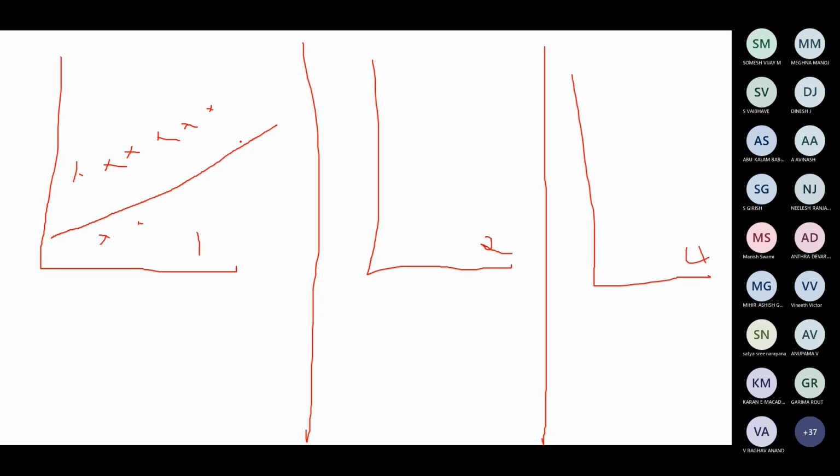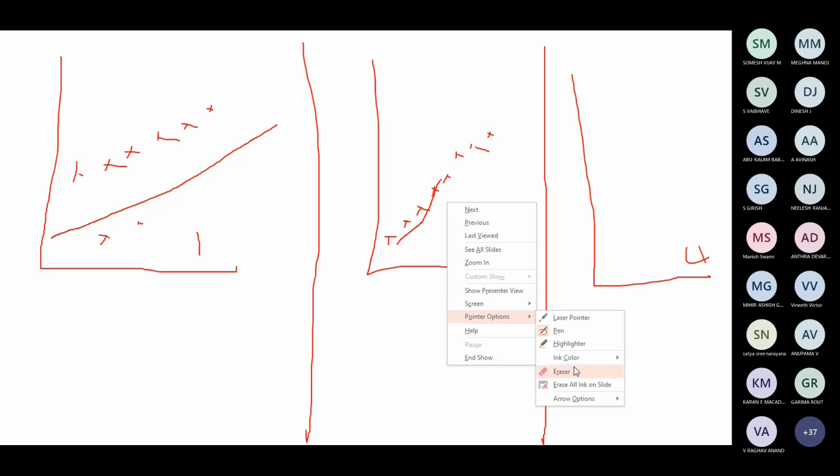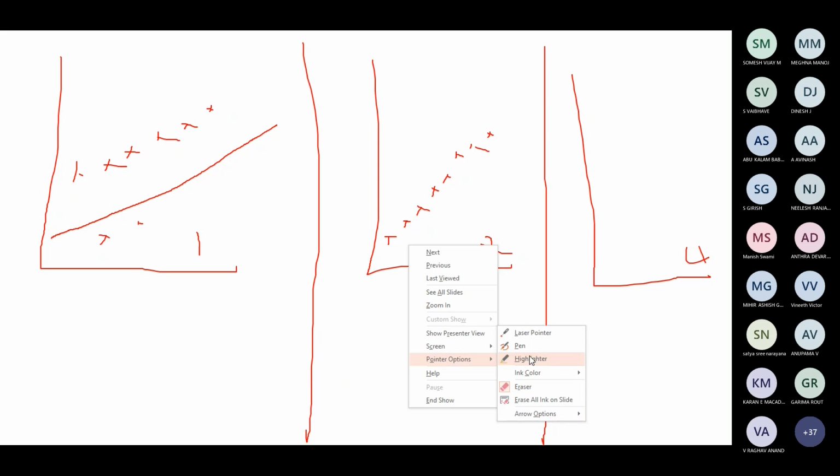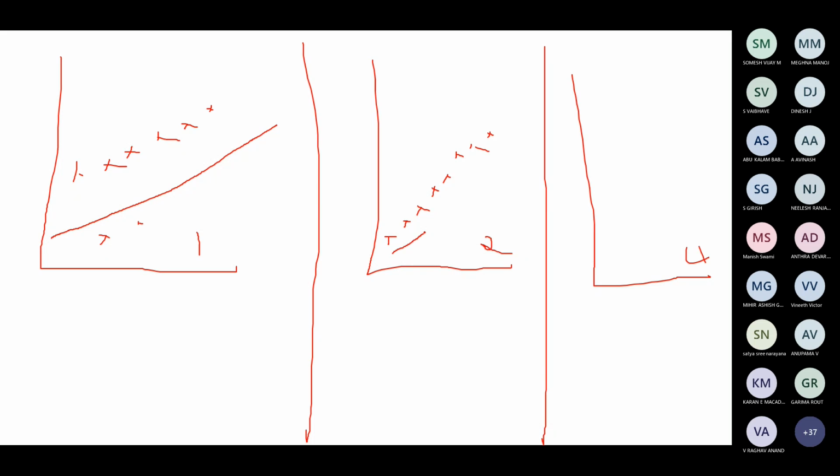But for a polynomial of degree 2, if my points are something like this, I will draw something like this, which fits a few points.